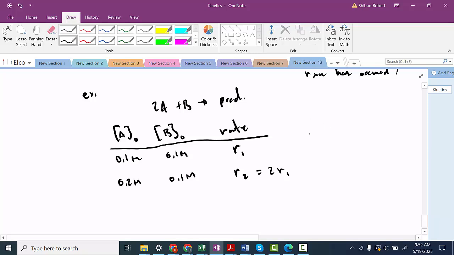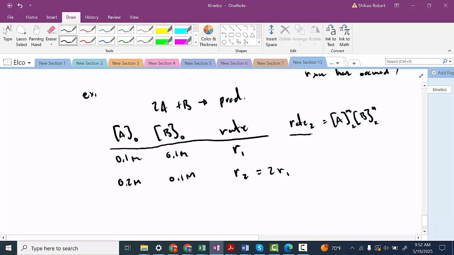And so in the method of initial rates, we would do something like this. We would put the rate law for 2 in here. The rate law for 2 is going to be just the A concentration to the M, and the B concentration to the N, and this is going to be for 2 and 2.